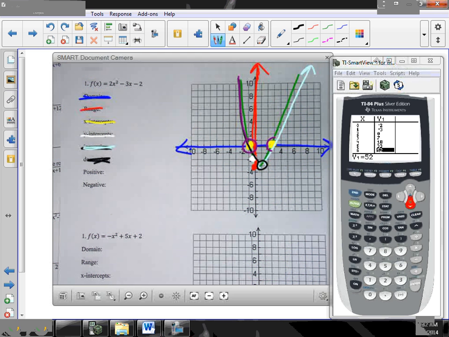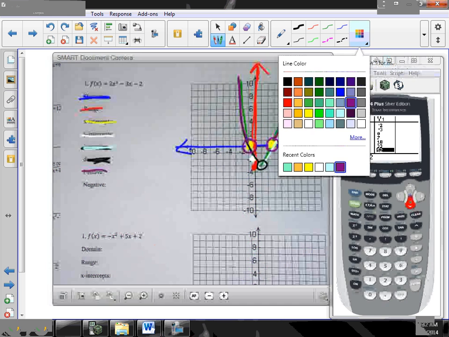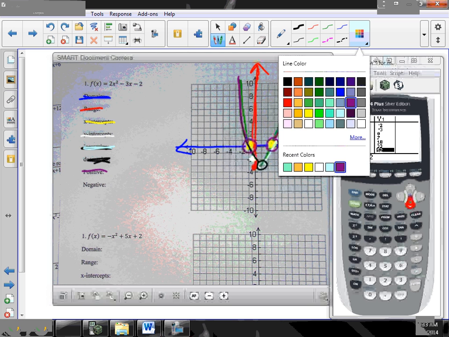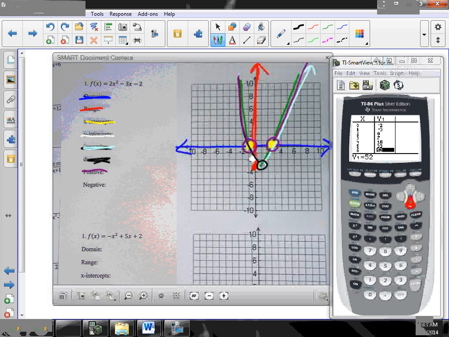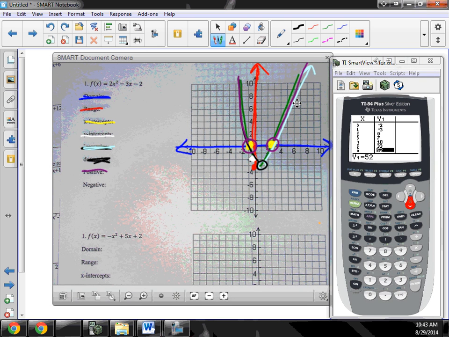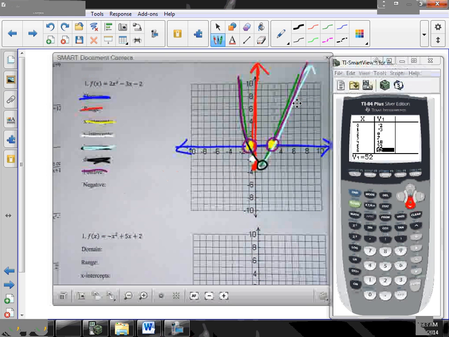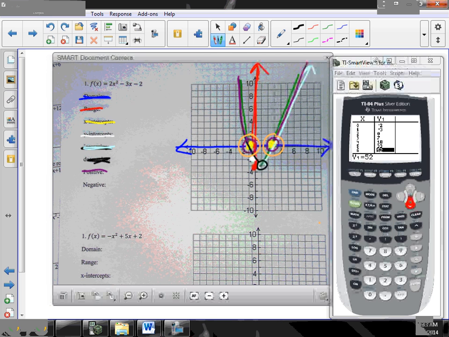The right side of the graph is positive. And then where is the graph negative? Is there a part of the graph that's negative? Where? Everywhere below the x-axis. So I'm going to have an open circle, and everything underneath is negative.